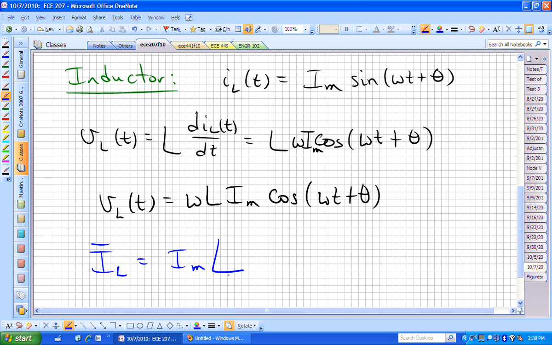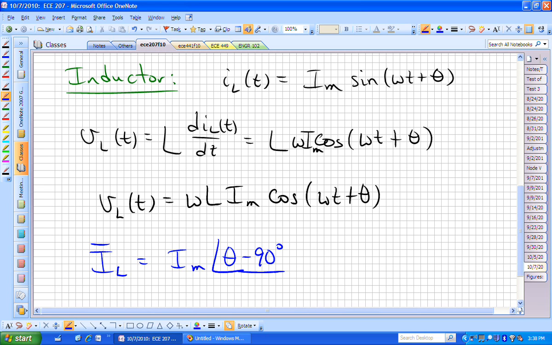We need to remember that we need to be consistent with the sinusoid. We need to either have all sines or all cosines. Our strategy or policy for this class is let's convert everything to cosines. If we convert that sine to a cosine, then its angle is actually theta minus 90 degrees.